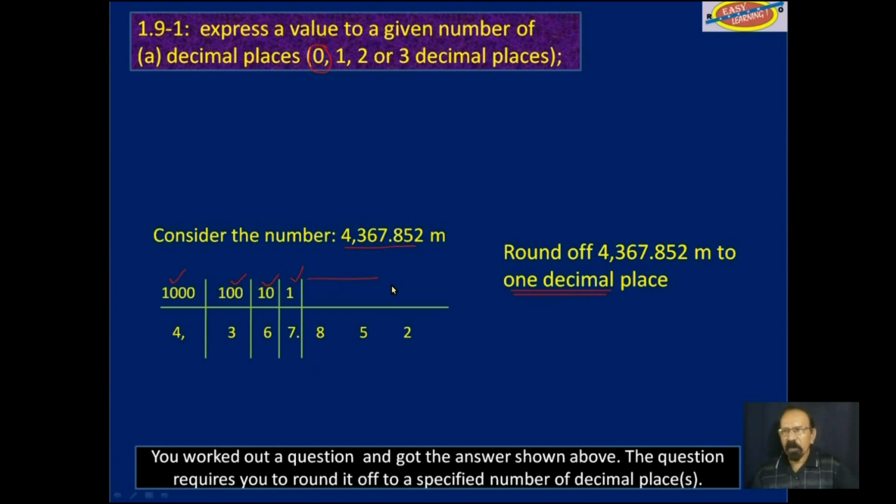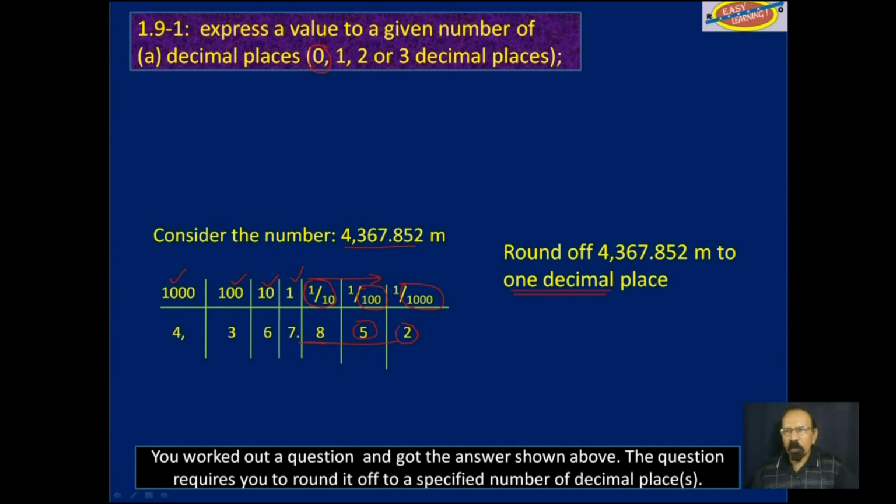We are coming towards the right. This 8 here is in the 1 decimal place. That is to say, the 8 is in the first position after the decimal point. So we are rounding off to the nearest tenth. Of course, we know this 5 is 2 decimal places away in the hundredths position, and this 2 is 3 decimal places away in the thousandths position.